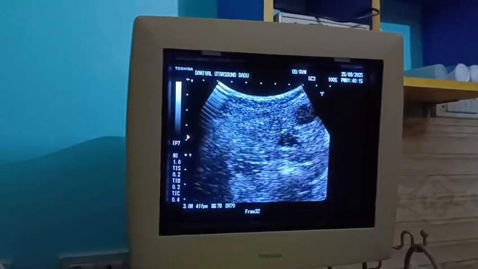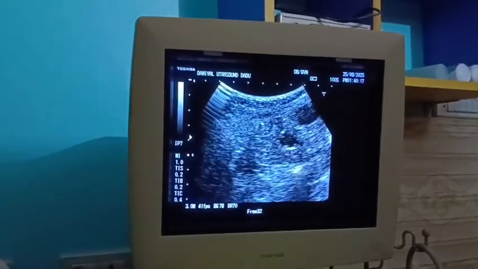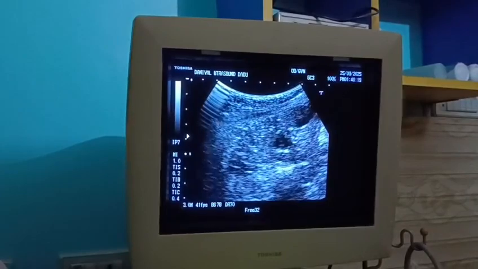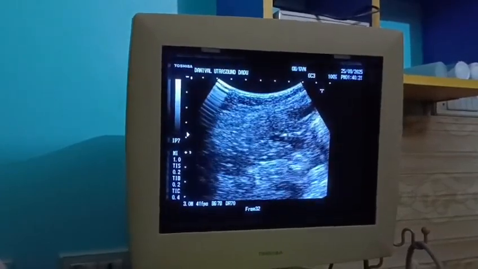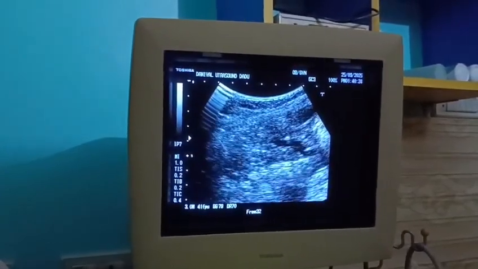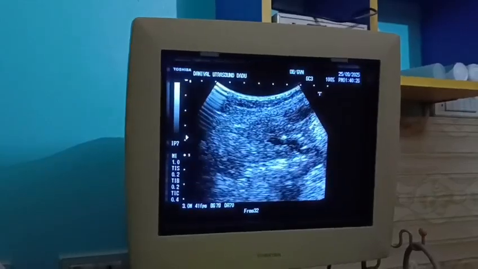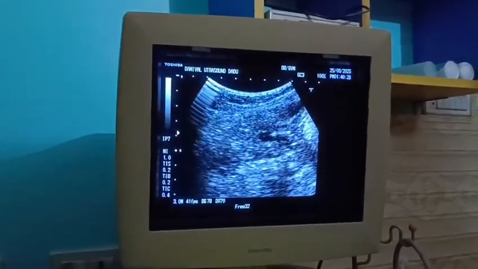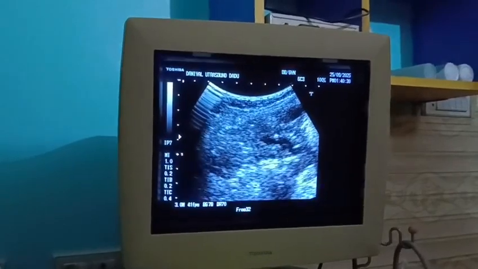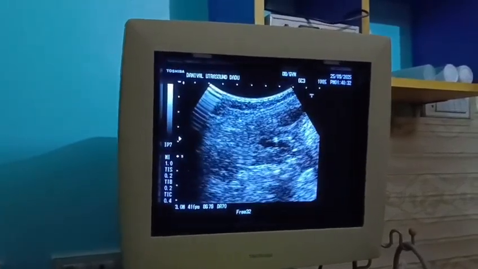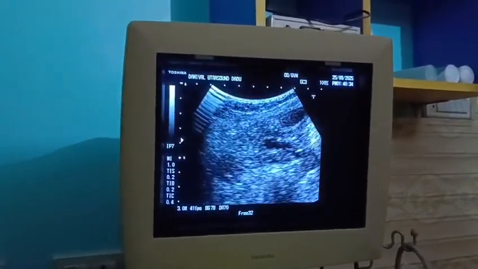So the key sonographic features, as I told you, are free intraperitoneal air, free intraperitoneal fluid, and abnormal looking bowel loops, maybe thickened, edematous or aperistaltic.